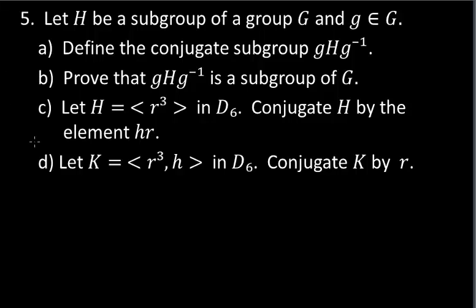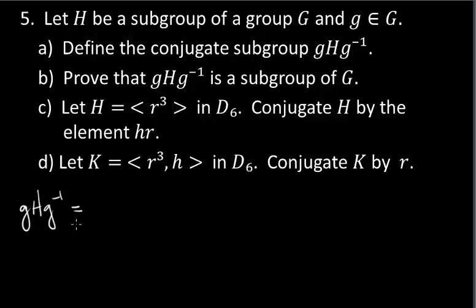Here, first we define the conjugate subgroup. H is a subgroup of G, and if we pick any element of G, it could be in H or out of H, and conjugate the subgroup by it, we call that GHG inverse.